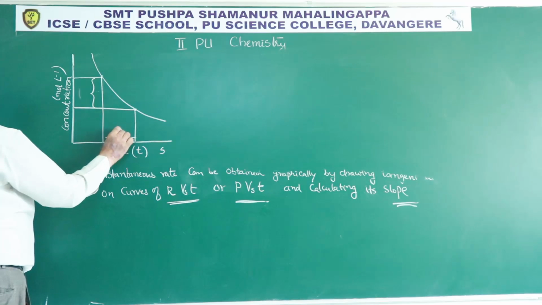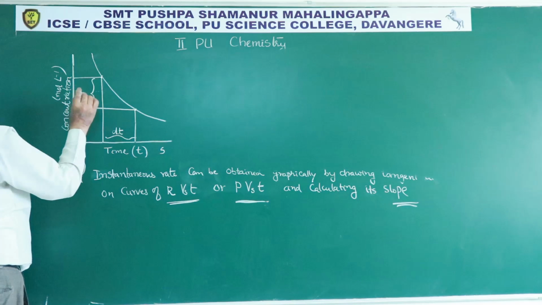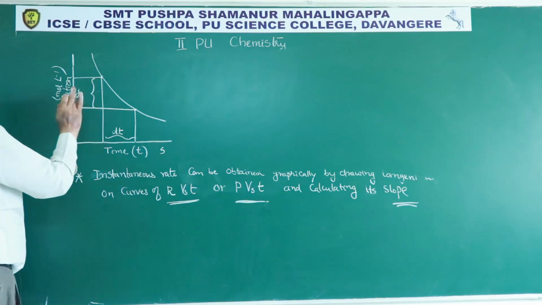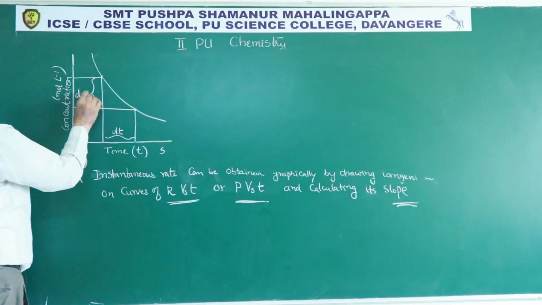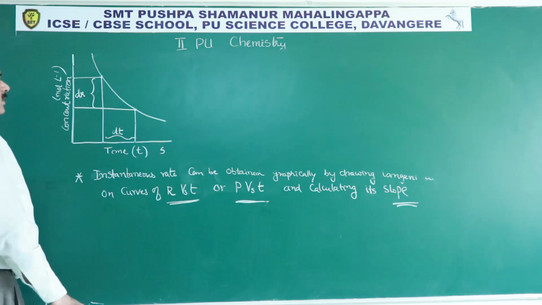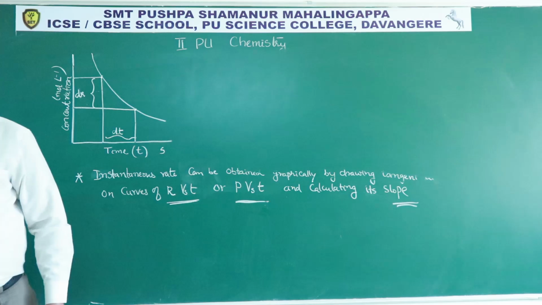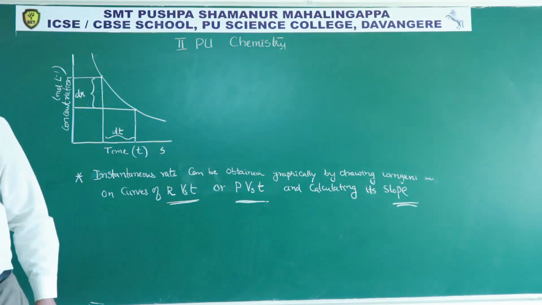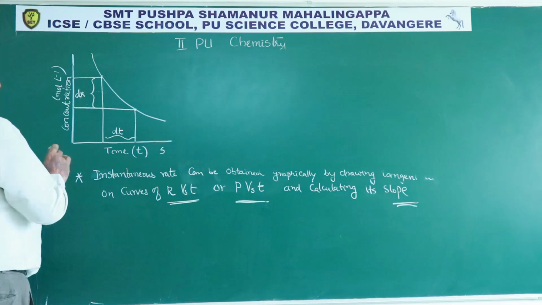This is dt, this is dR. This is dy by dx, considered with respect to the reactant, that is dR, in decreasing order. Then at an instant of time t, dy by dx.